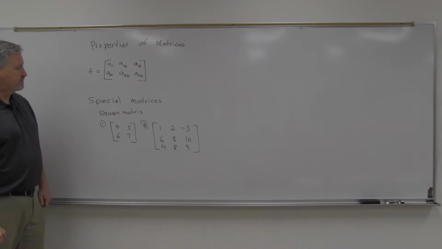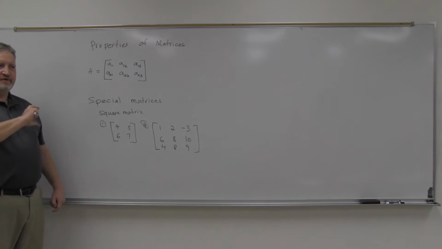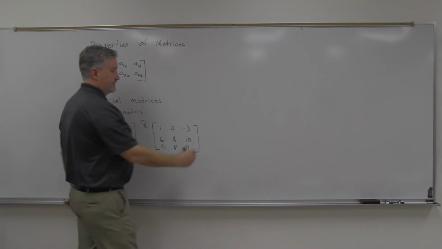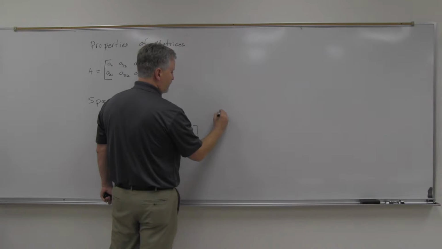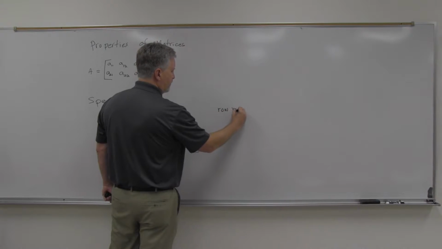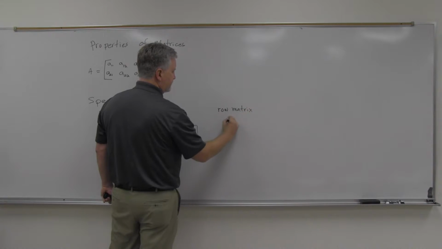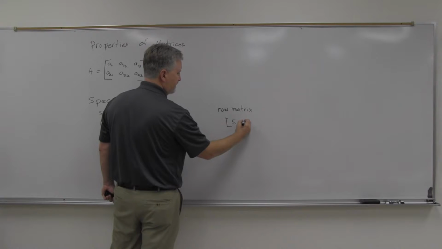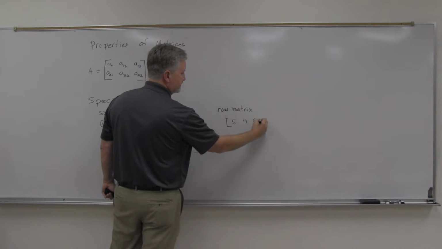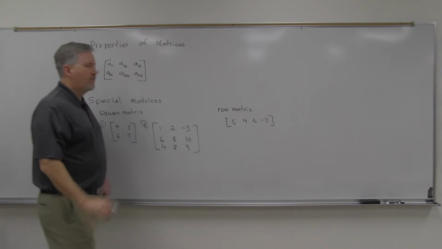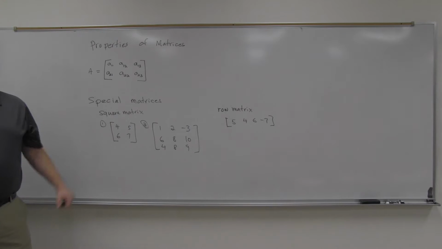fairly obvious, I think. But there's also, if you just have a one row matrix, that is called a row matrix, where it's just one row. However many columns you want, but a row matrix just means you have a single row.